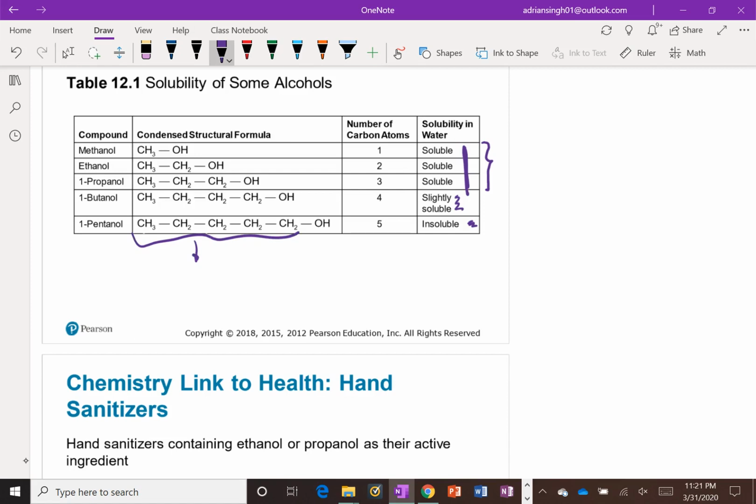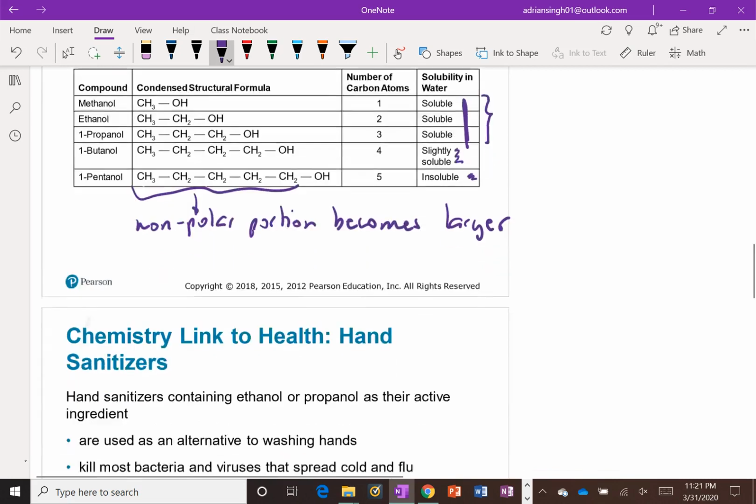We have lots more carbons and H's. So the nonpolar portion becomes larger. The hydrocarbon chain here is a very nonpolar chain, which means that the solubility in H2O will decrease.